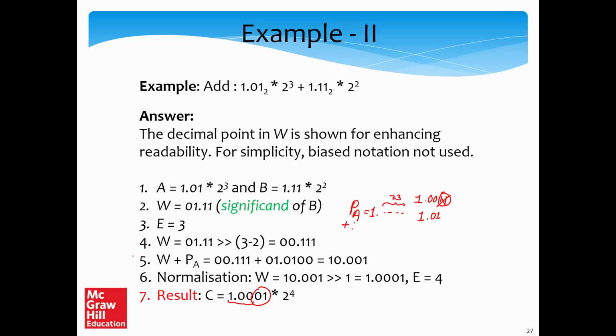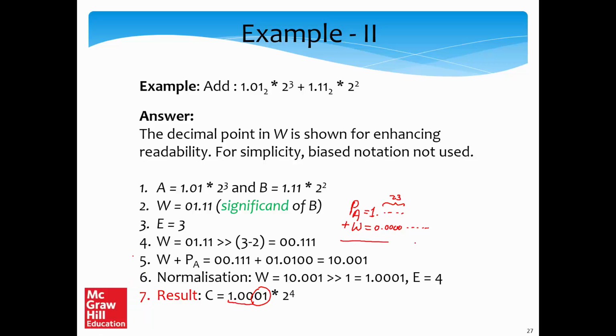But this is being added with W, which is the significand of B right shifted by a certain number of bits. So for all we know, this can be of the form 0, 0, 0 and then 23 bits.